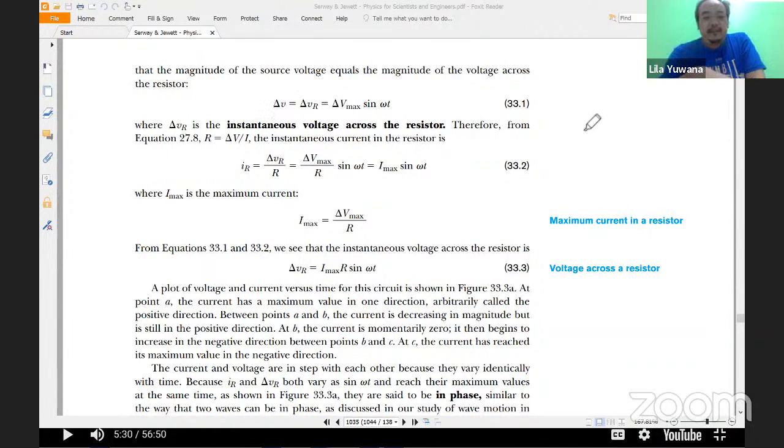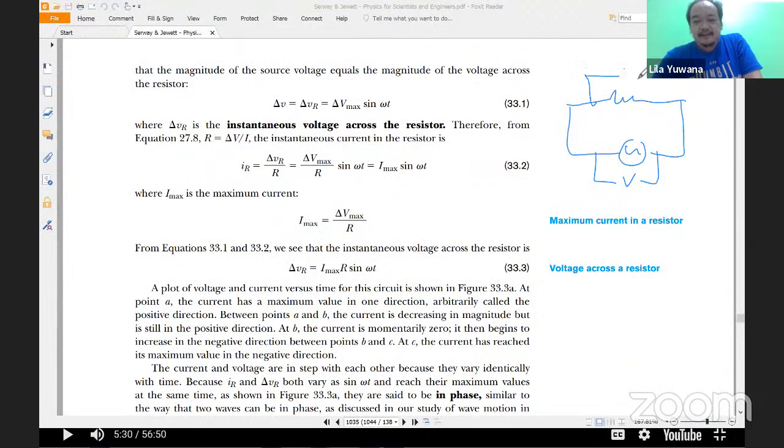And if we have a circuit like this one, it means V here is the same as V resistor here. So if V is a function of t, VR also has the form of a function of t.